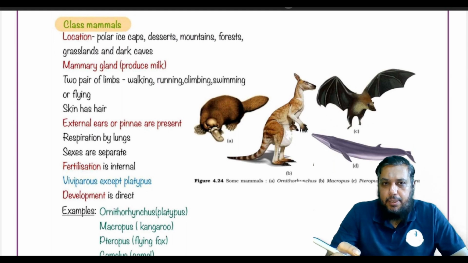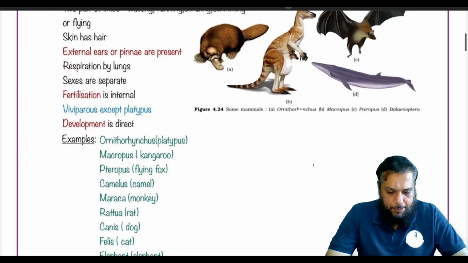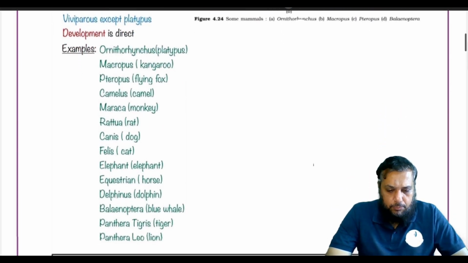Fertilization is internal. And we are viviparous. We give birth to young ones, except some like the duck-billed platypus, which is egg-laying. Our development is direct.